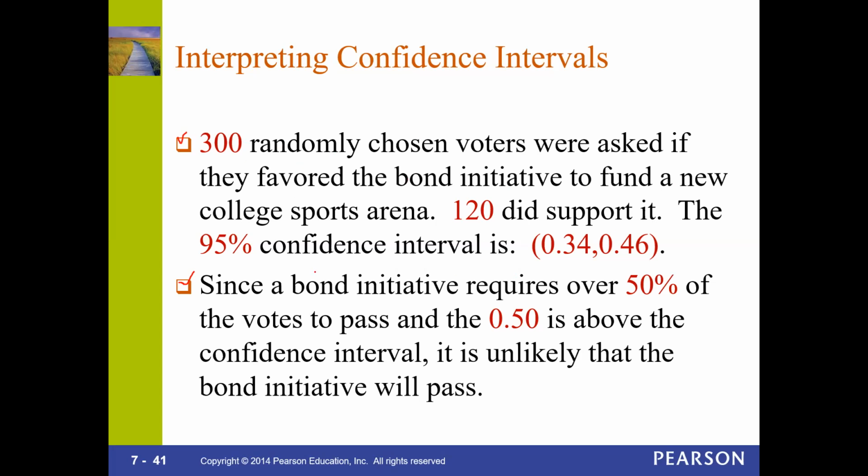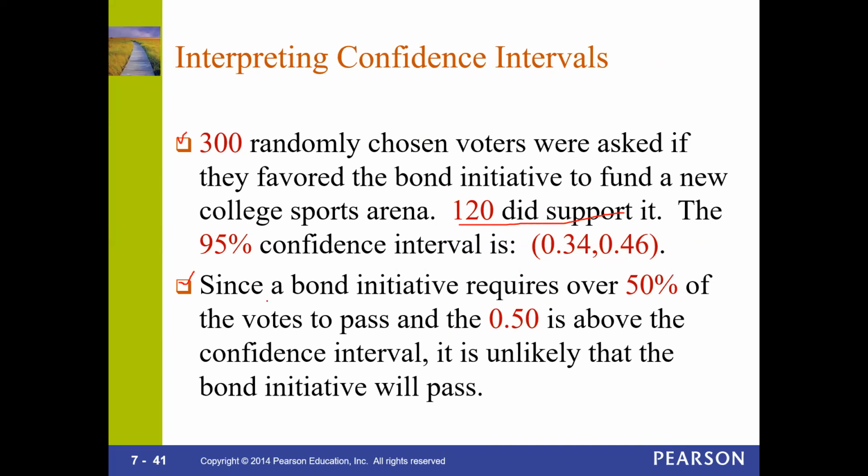John asked 200 voters if they favored the bond initiative to fund a new college sports arena. 120 supported, so we have 120 out of 200. The confidence interval is this number right here. This says the initiative requires over 50% of the voters to pass.